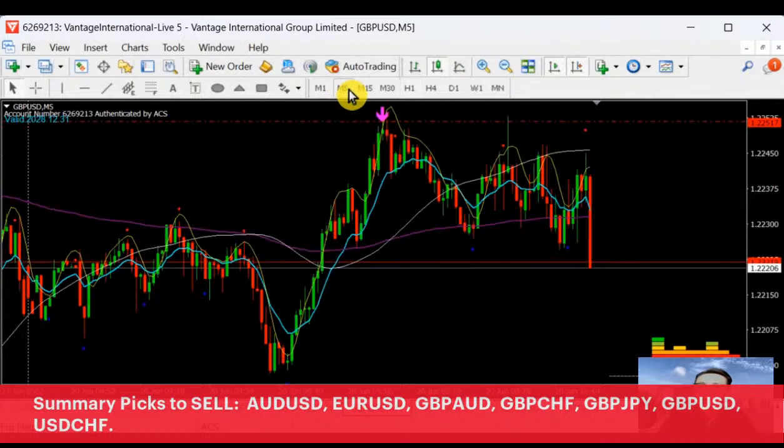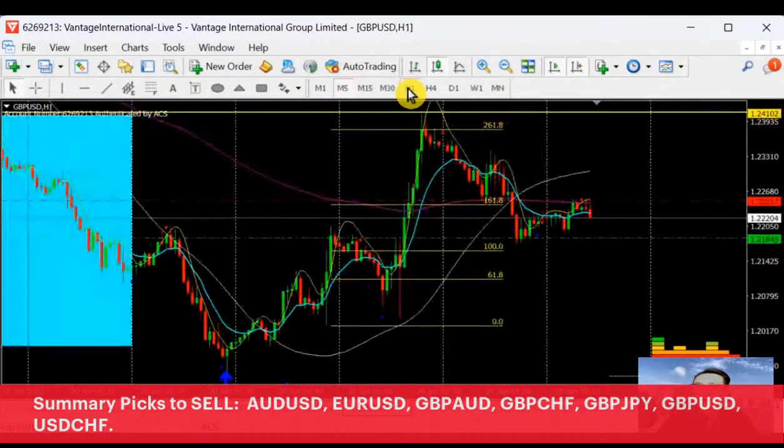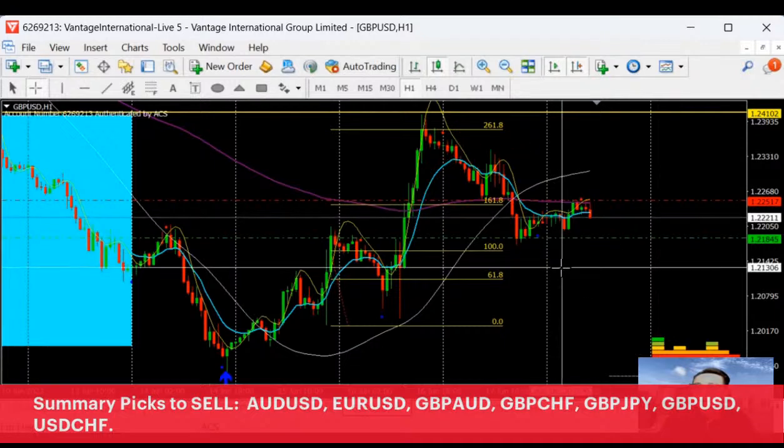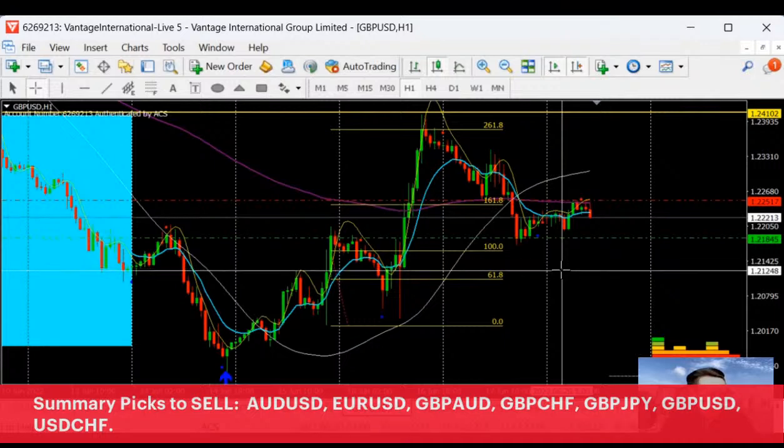By looking at this part here, wow, pound dollar looks very potential. Will you go for 50 pips? Tentatively, by looking at this, we have one on the 38, and now we are selling pound dollar.